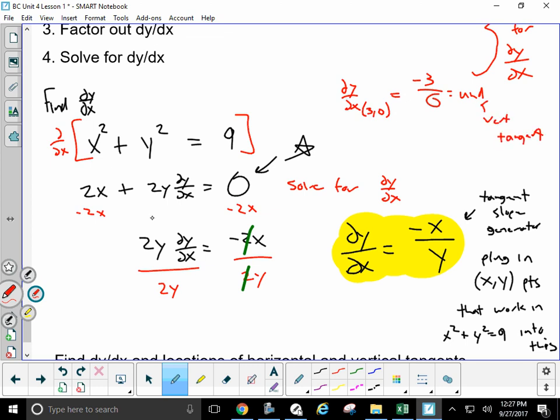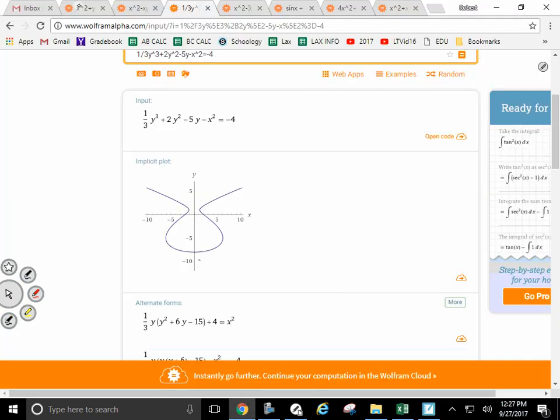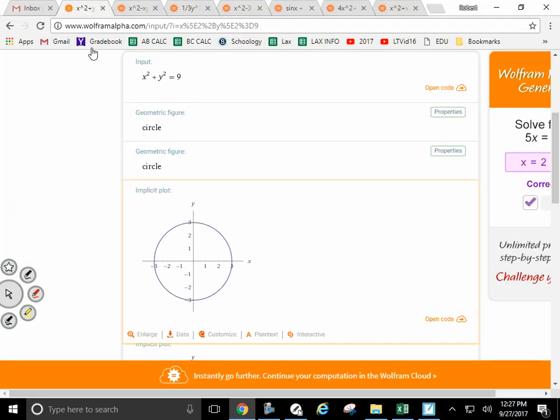Let's look at the graph of x squared plus y squared equals 9 at 3, 0. Sketch a tangent slope right there. What do we see? It's vertical. Okay, I could plug in a value like 2 root 5.